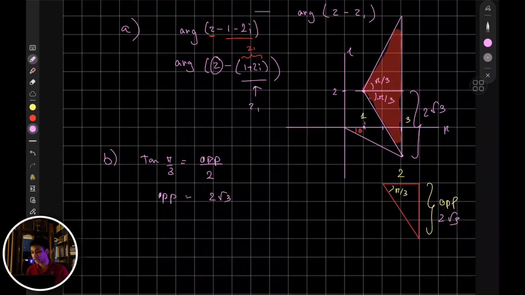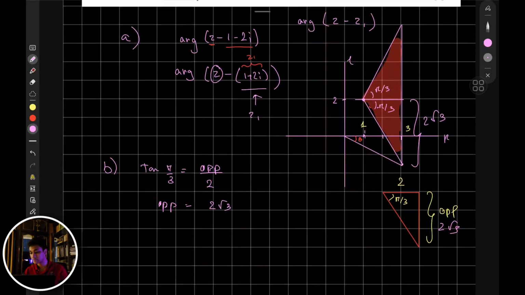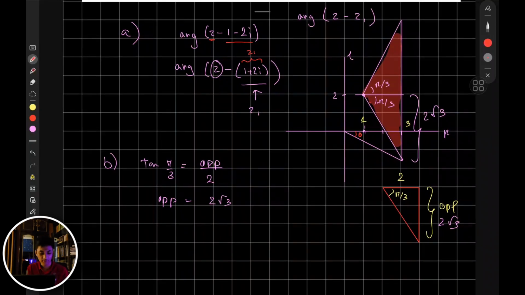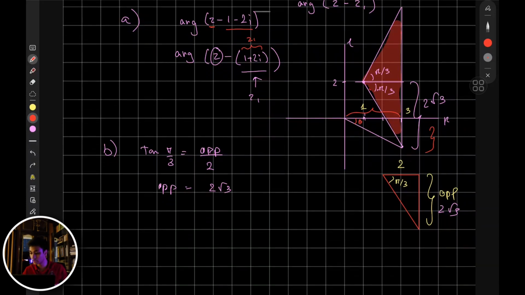Great. So if you know that, you have to find out this part, because you need to find out this theta, and you know this length, which is 3. So you need to find out this part. How do you do that? Easy. You know the entire part, which is 2 root 3.